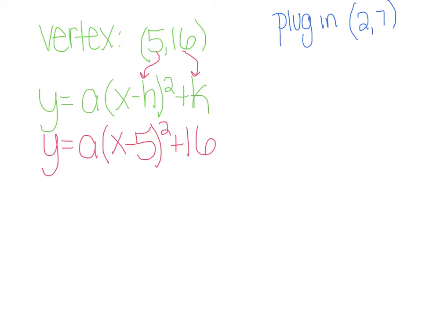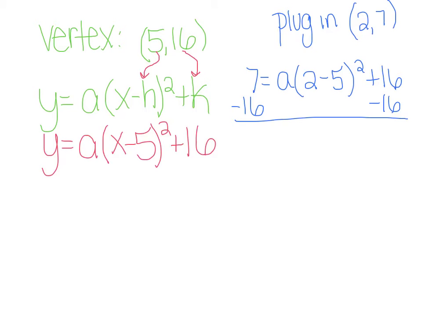My y value is 7, so I'm going to plug that in for y. I still don't know a, and my x value is 2, so I'm going to plug that in for x. And I'm going to have (2 minus 5) squared plus 16. Well, I want to solve for a, so I need to get rid of my 16 first. So I'm going to subtract 16 on both sides.